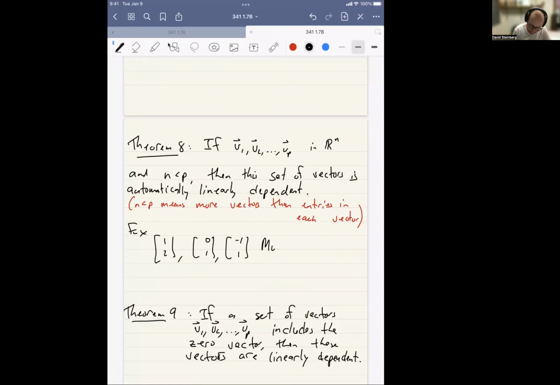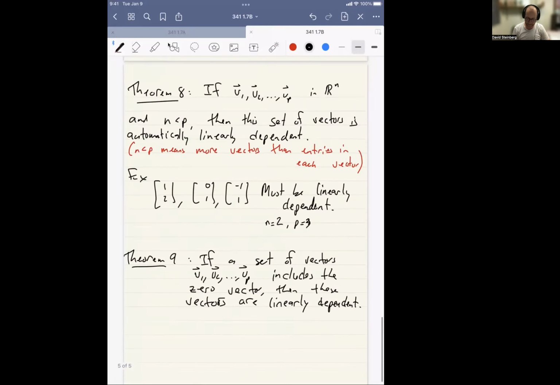It must be linearly dependent. Right here we've got n is 2 and p is 3. And sure enough, n is less than p.